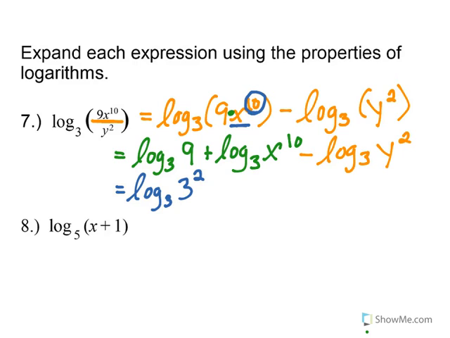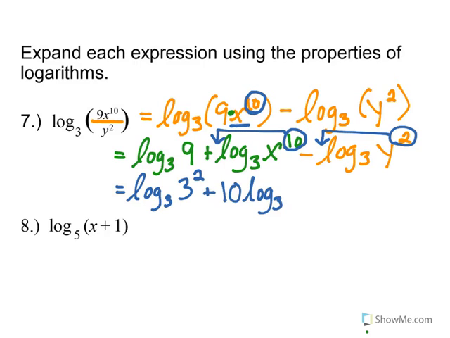So now the next thing I'm going to do is take that 10 and pull it out in front now. I'm also going to take the 2 and pull that out in front, okay? So the exponents can come out in front at this point. So I'm going to have 10 log base 3 of x minus 2 log base 3 of y. And the only thing left to simplify here is this guy right here.